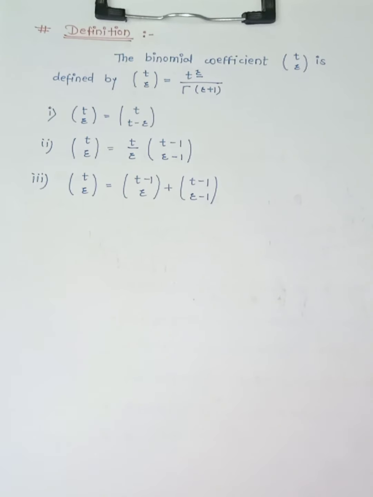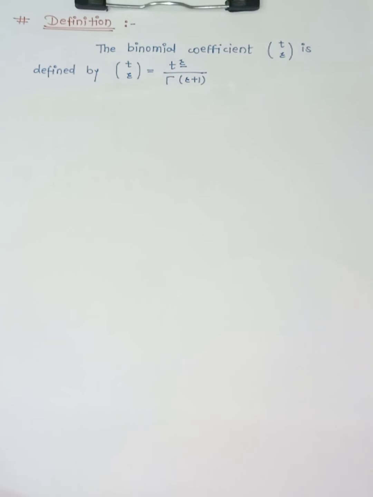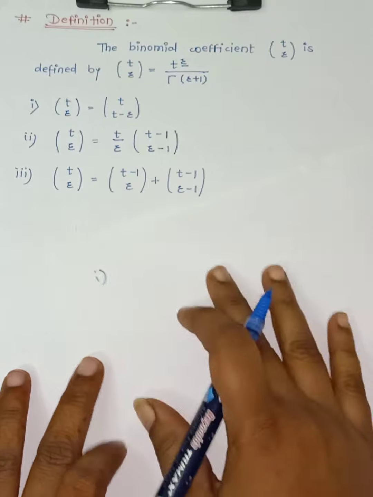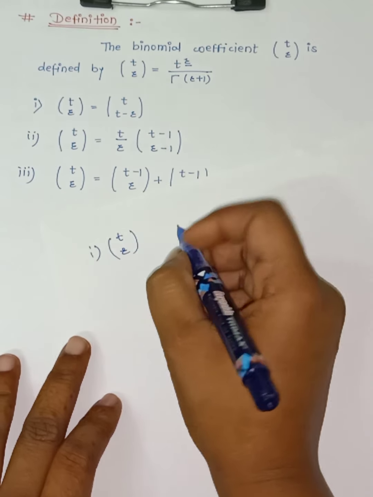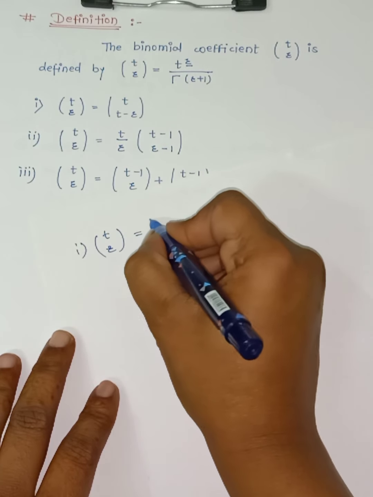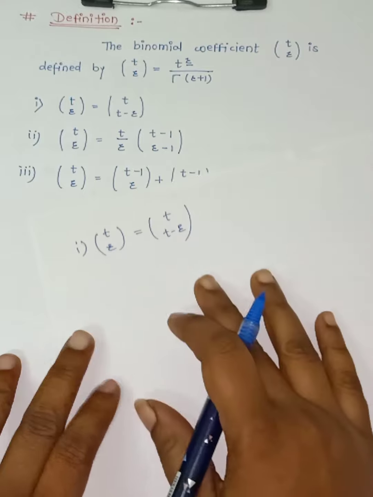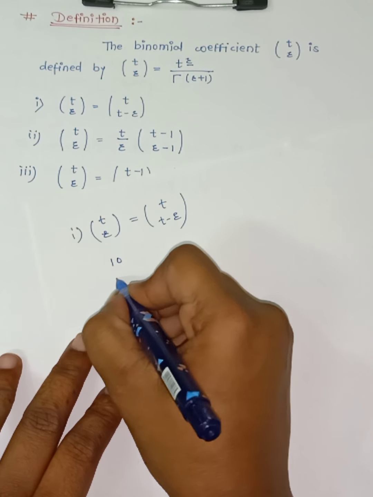Okay, and for this we will see some examples. So the first property is tCr equals tC(t minus r). Suppose t is 10 and r is 2.